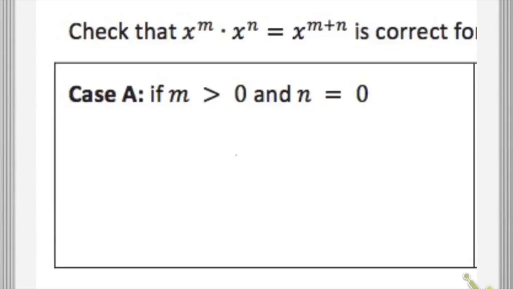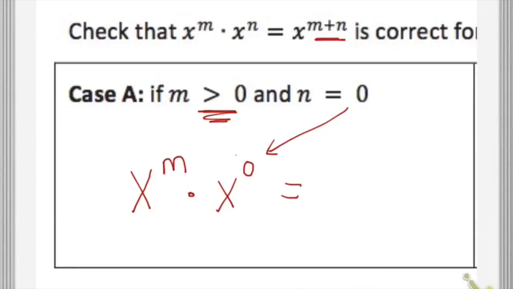So we look at if x to the m times x to the n, can we still add when there's a 0 involved? And that would be x to the m, if m is just a positive number greater than 0, times x to the 0 if n is equal to 0. And that would be x to the m times 1, which is just equal to x to the m.